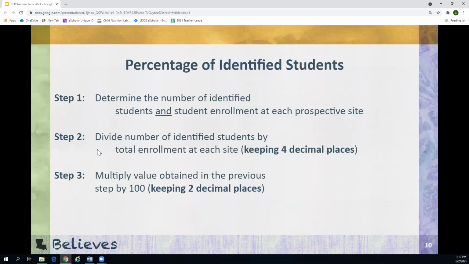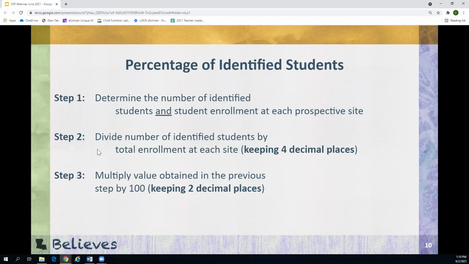So the percentage of identified students, to determine what that would be, you're first going to determine the number of identified students and also the student enrollment at each prospective site. And for this year, that is data from any point in the entire school year. And you are then going to divide the number of identified students by the total enrollment at each site, and you are to keep that to 4 decimal places.